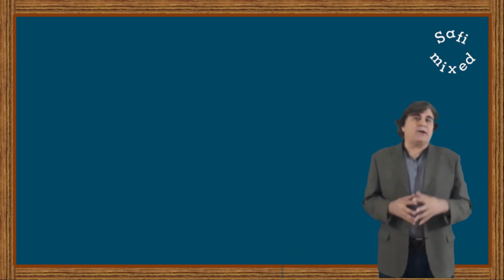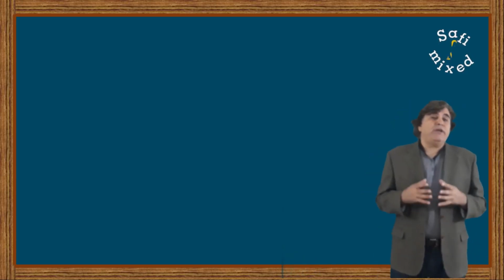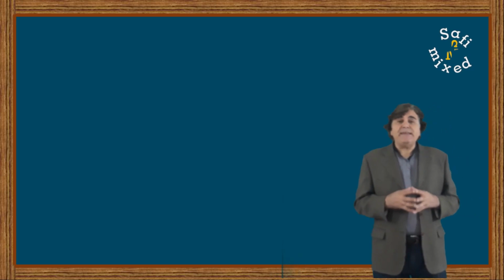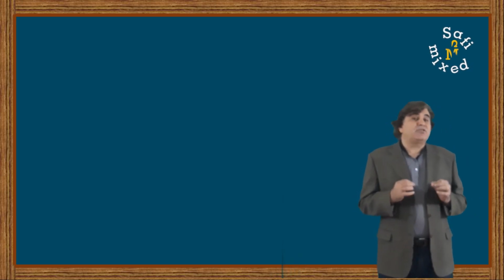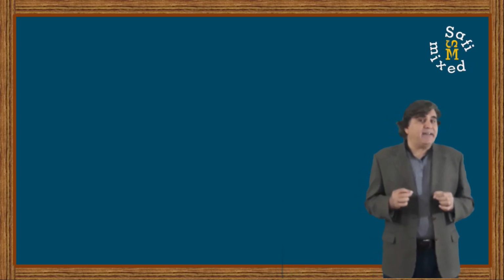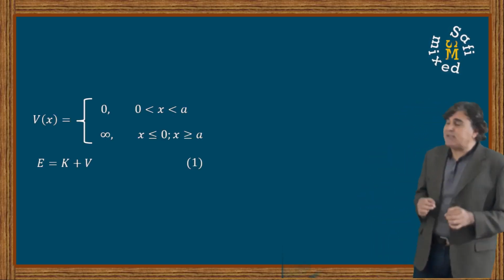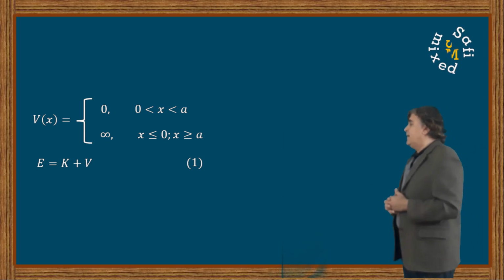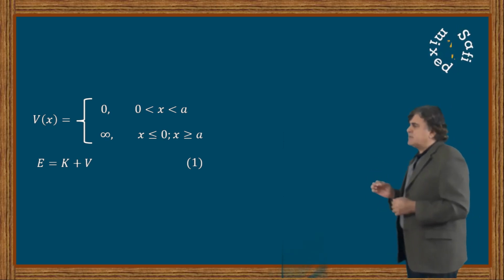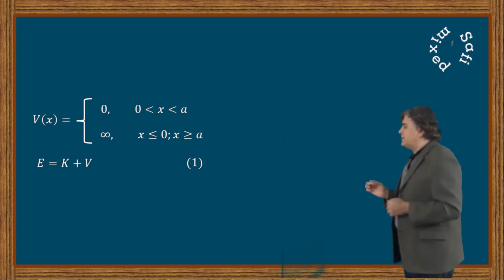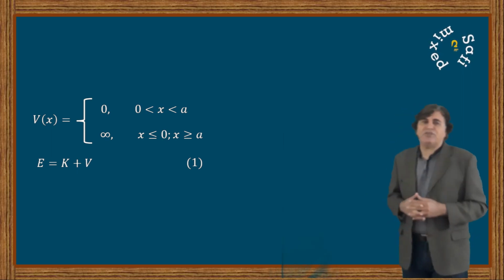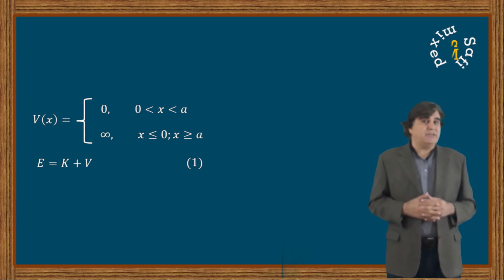So let's go classically. We know that the total energy E of a particle is the sum of its kinetic energy and potential energy, and we write the total energy E in the form of this equation, that is E equals K plus V, where K represents the kinetic energy of the particle and V represents the potential energy of the particle.